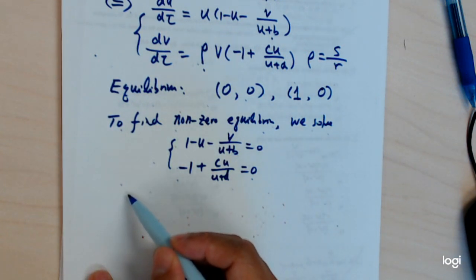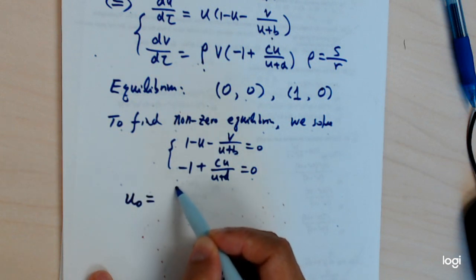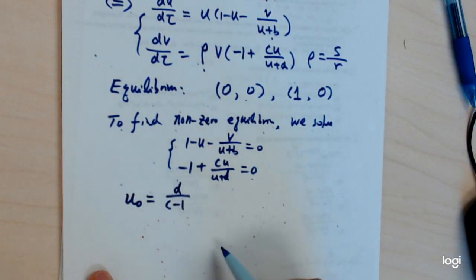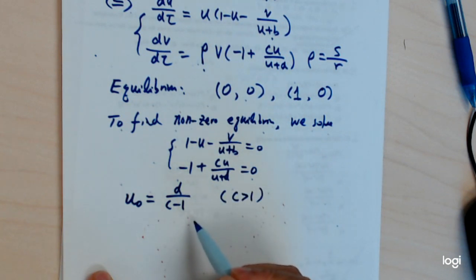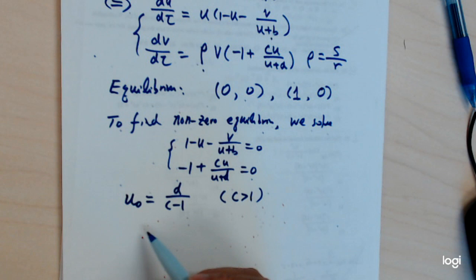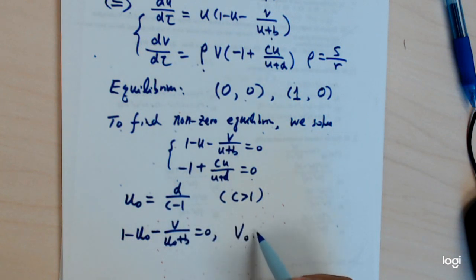Solve the system. So here's the positive equilibrium. And I obviously need C to be greater than 1 for this to be positive. Plug into the first equation, you get V naught.